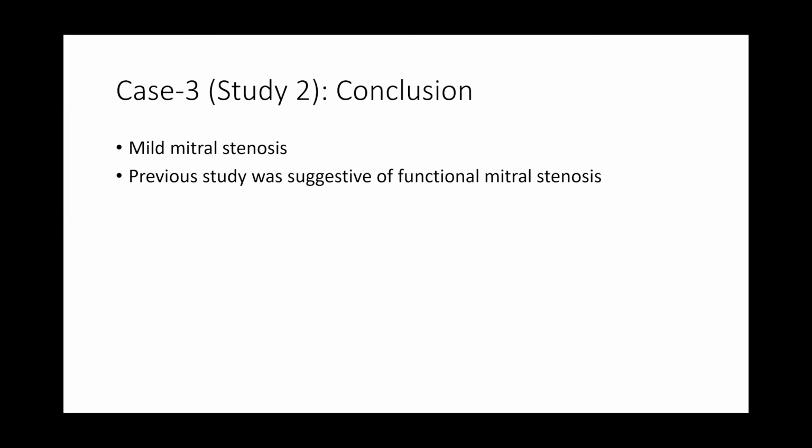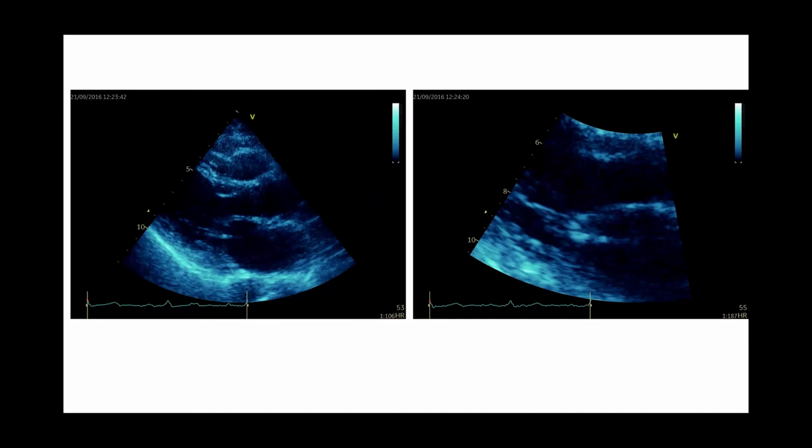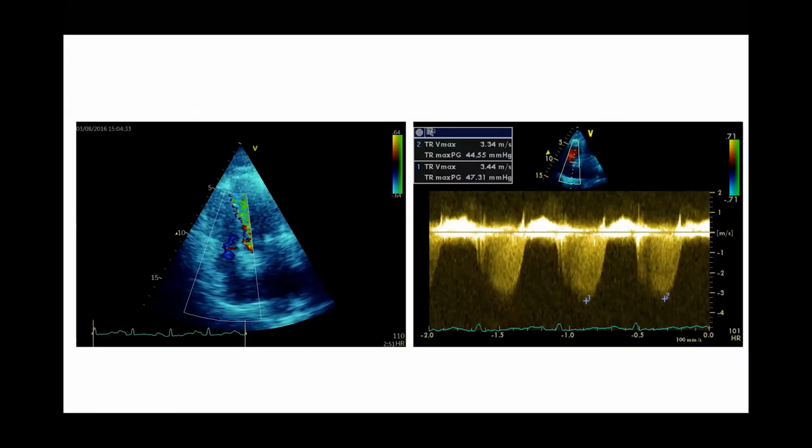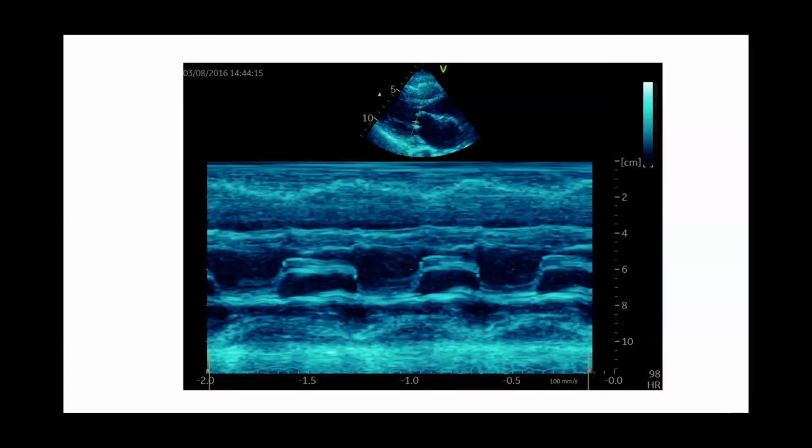Is it possible to return back to the M-mode? I just would like to ask you a very quick question about it. Do you think that there is an LVOT obstruction from here? I don't think so, because during systole it's open, isn't it? You can see it's open, so it's not the right frame to check that.